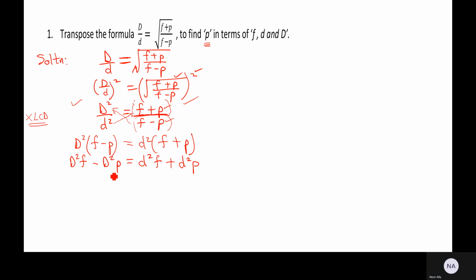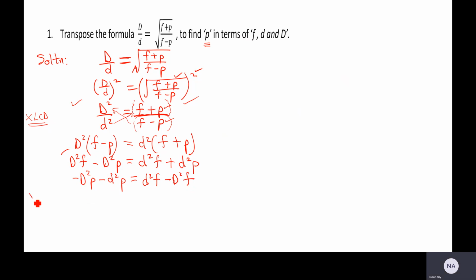So let's do this. There's minus small d squared P. Transpose the small d squared P. That means D squared F must be transposed.